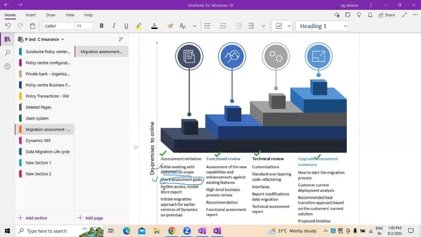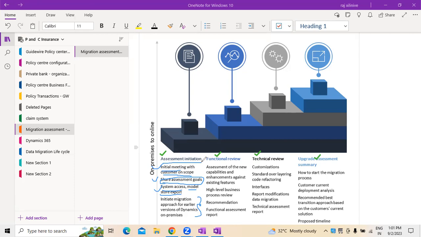At the same time, we need to understand access to the systems, followed by the model store exports we have. We also need to initiate the migration approach from on-premises to the online cloud environment, where assessment initiation is one of the key elements to focus on.